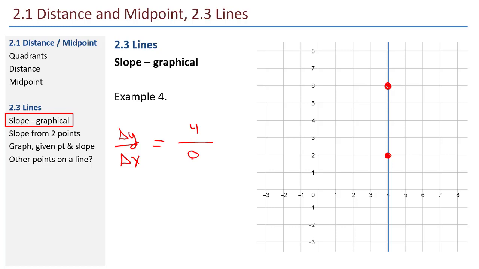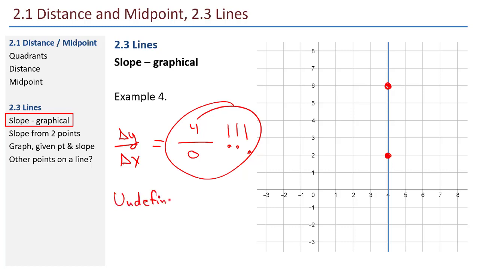But something is terribly wrong in this situation. 4 divided by 0 does not exist. That is undefined. We cannot divide by 0. So in fact, we say that the slope of this line is undefined. The slope of a vertical line is undefined. So a horizontal line has a slope of 0, and a vertical line is undefined.